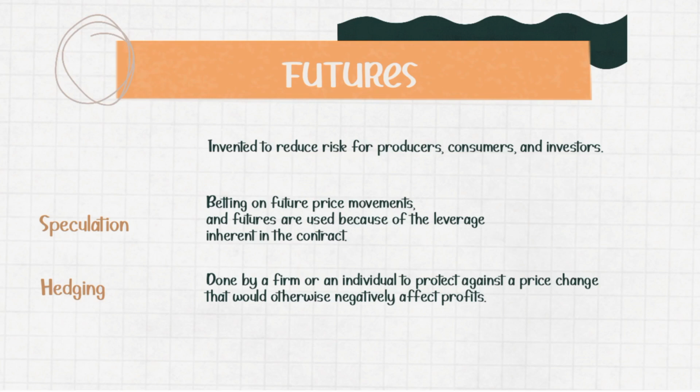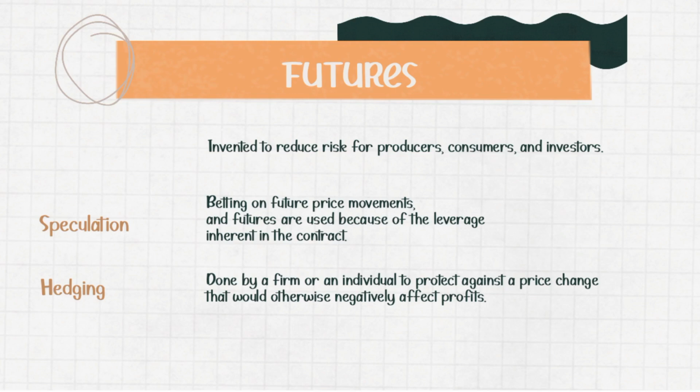So first, the futures. Futures contracts were invented to reduce risk for producers, consumers, and investors because they can be used to hedge all sorts of positions in various asset classes. They are used to reduce risk.